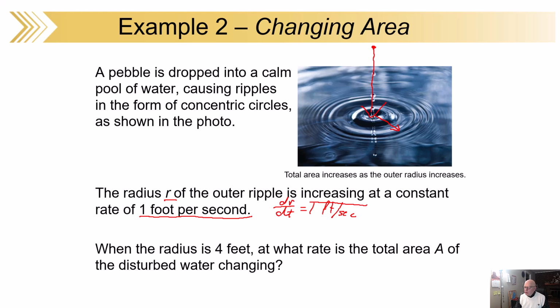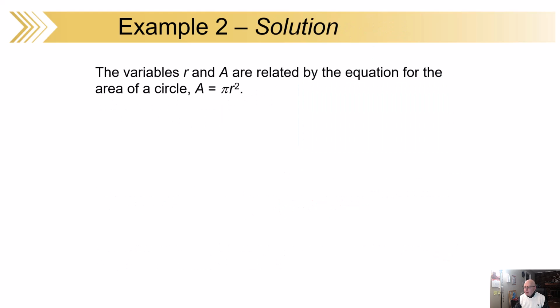We want to know when the radius is 4 feet, at what rate is the total area changing? Okay, so now we're talking about area. Remember, these are concentric circles, so area and radius are connected by this equation giving us the area of a circle. You're familiar with this, pi r squared.